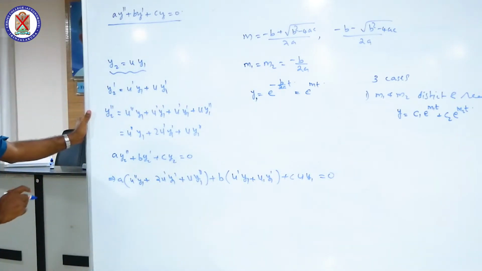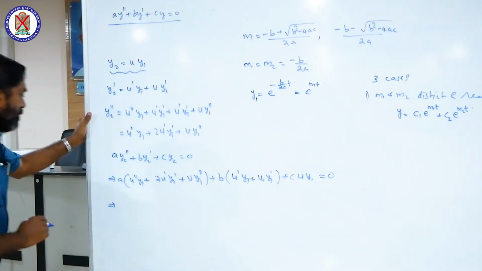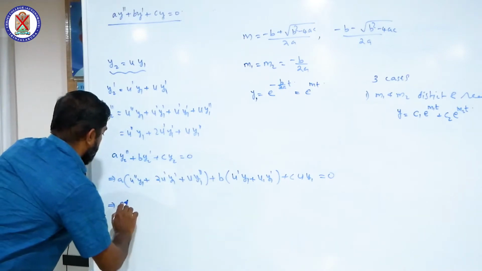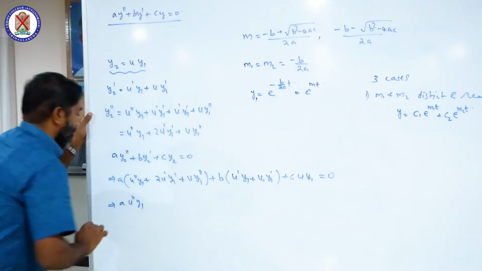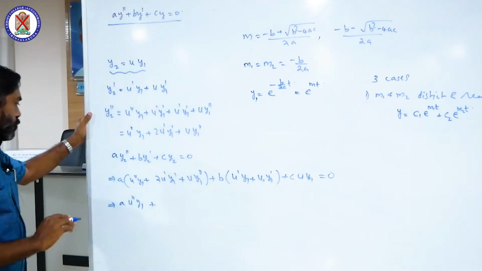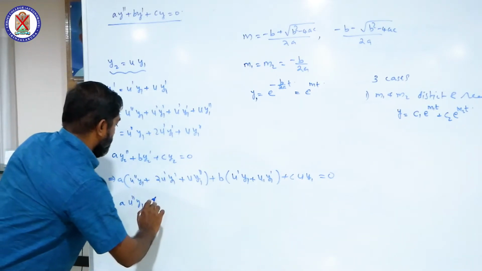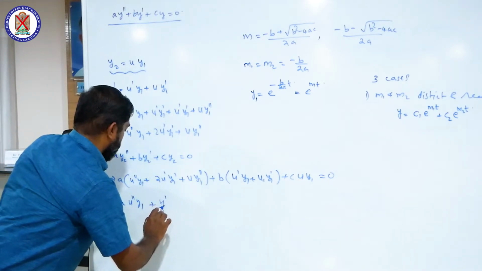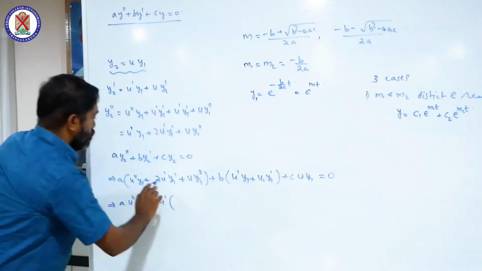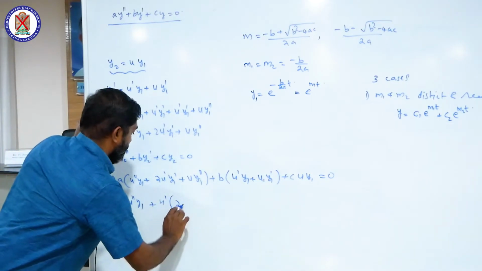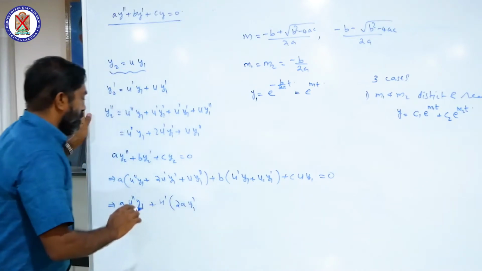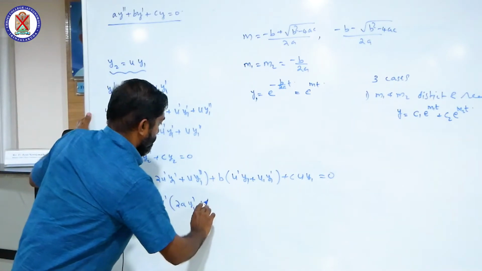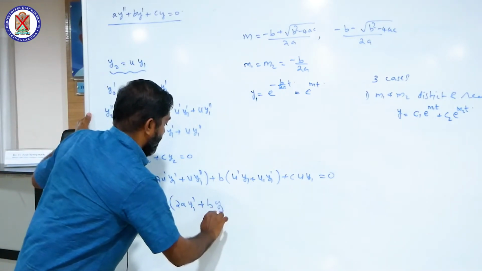Okay, I'm just rearranging this equation. We have a into u double dash y1 plus, now we have the terms for u dash. What are the terms? 2a y1 dash plus b y1.